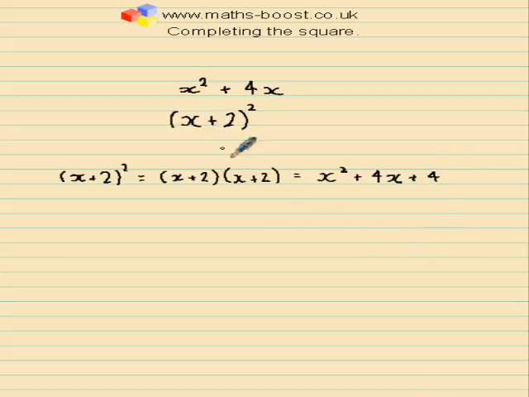So this step 1 gives me the first term that I want, the second term that I want, but this extra nuisance term that I didn't want, it's introduced as well as the two terms above it which I wanted, this extra plus 4. But I can make the whole thing come good by simply subtracting 4, in other words undoing this plus 4, and these two expressions are now the same.